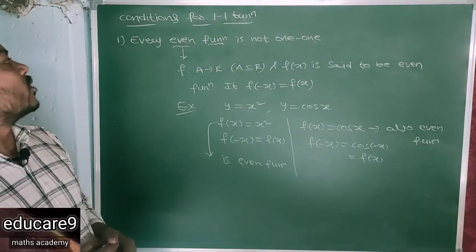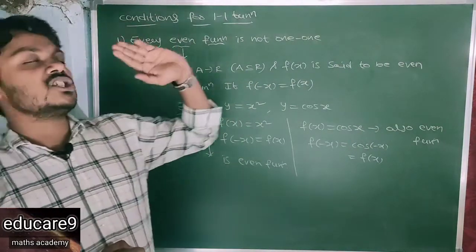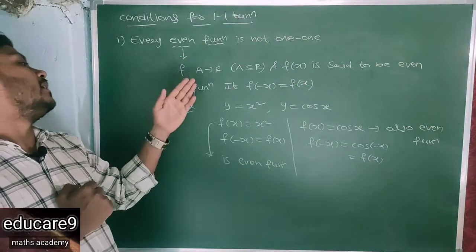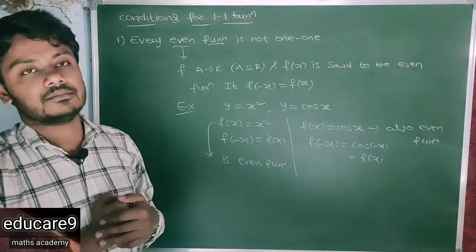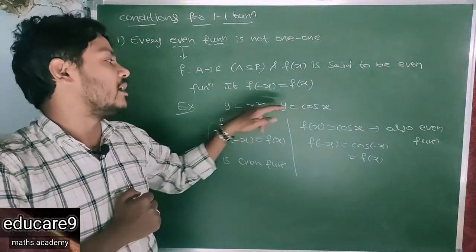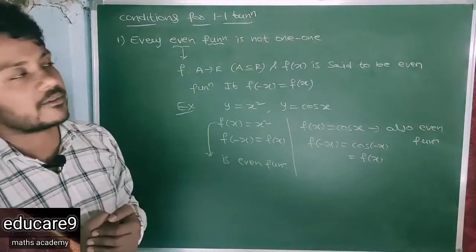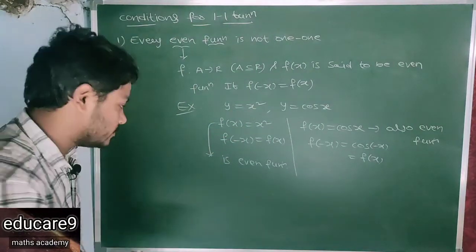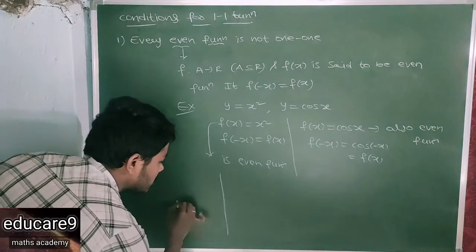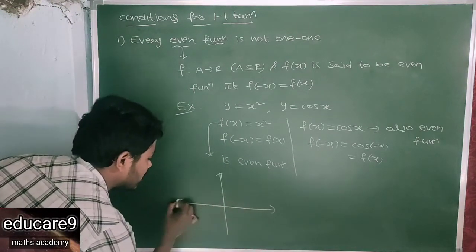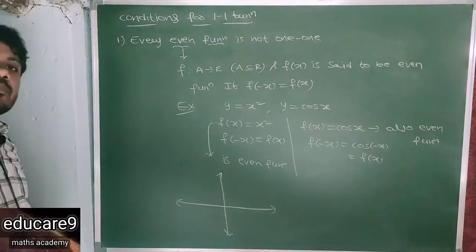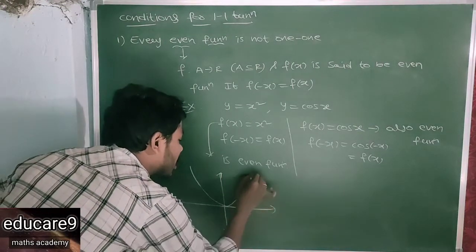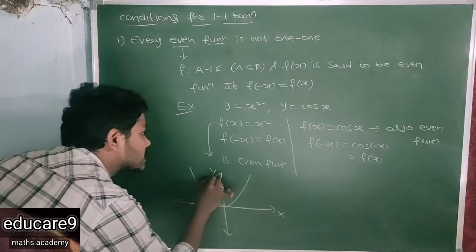But here the condition is what? Every even function is not 1-1. So first we have to draw the graph of an even function: the y is equal to x square graph and the y is equal to cos x graph. Now draw the graph of y is equal to x square. So I already told this: y is equal to x square represents a parabola, that is symmetric about the y-axis.